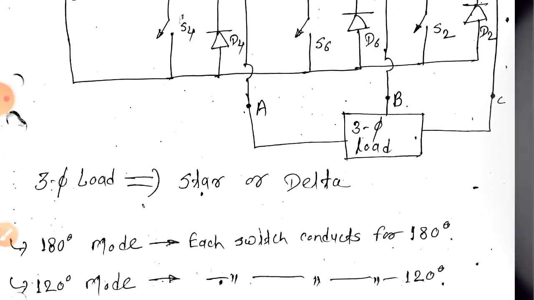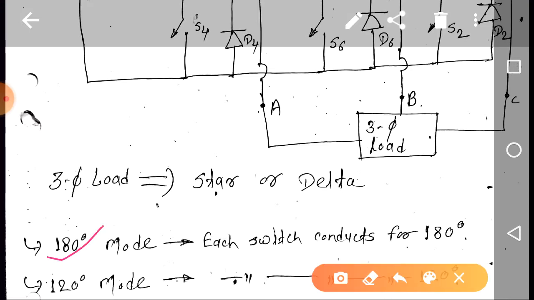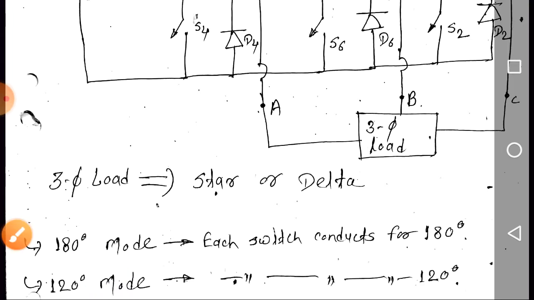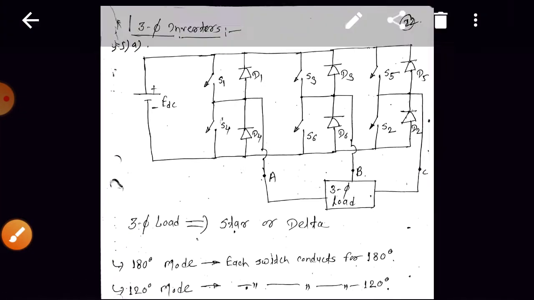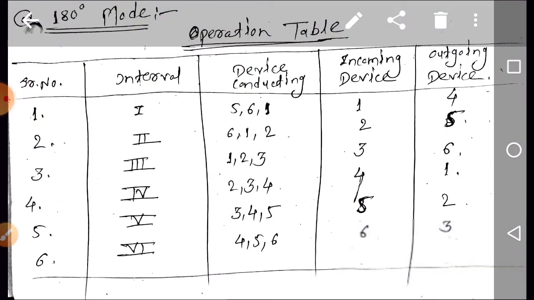Now in three-phase inverters we have 2 modes of operation. One is the 180-degree mode, the second is the 120-degree mode.